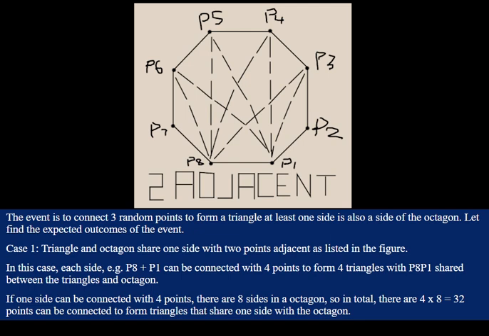If one side can be connected with 4 points, there are 8 sides in an octagon, so in total there are 32 points that can be connected to form triangles that share at least one side with the octagon.